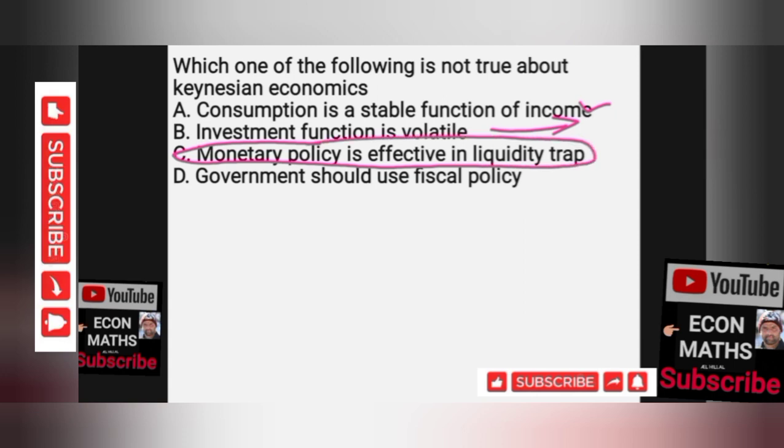They say fiscal policy is effective in liquidity trap, not the monetary policy. So C option is not correct, and the last one is government should use fiscal policy, which is true. So the C option is not true, that is monetary policy is rather ineffective in liquidity trap.